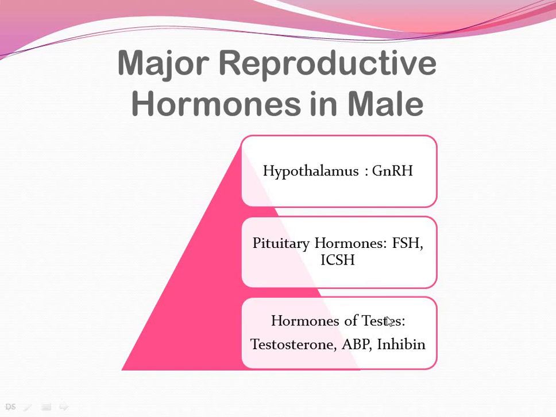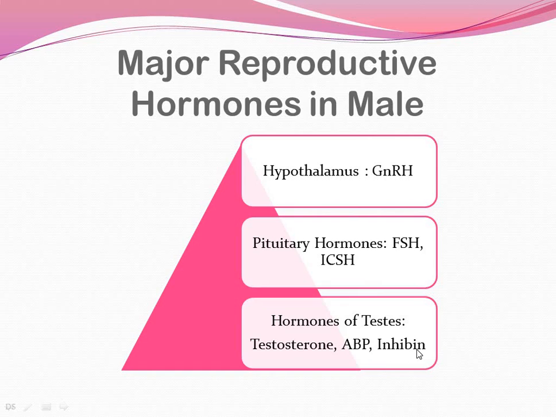The hormones of the testis: the major hormone is an androgen, that is testosterone. It can be easily remembered because testosterone is a steroidal hormone released from the testis. Additionally, you have two more important hormones, that is androgen binding protein and inhibin.